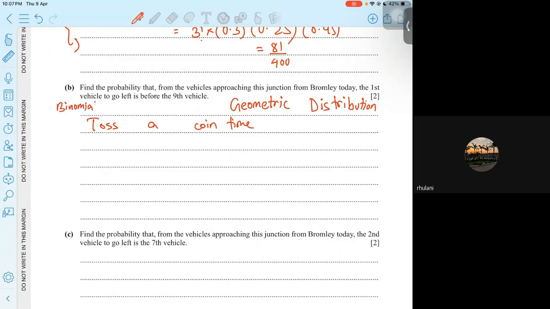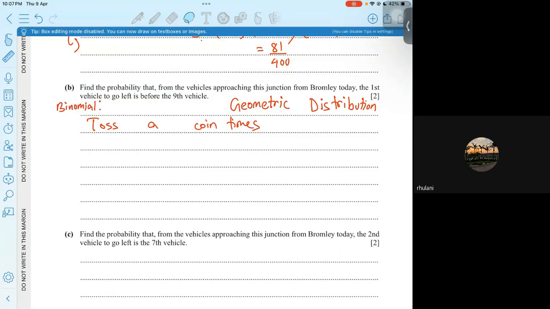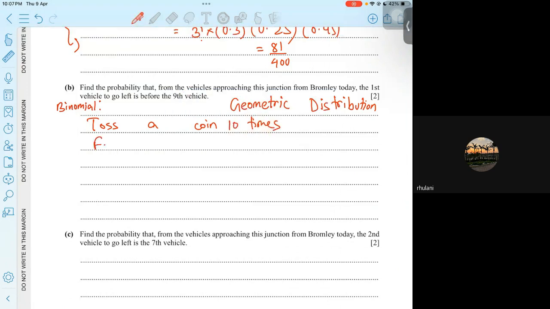Find the probability of 7 heads and 3 tails. Actually, just 1. Yeah. So this is what binomial asks you. Binomial gives you a scenario and they give you a specific probability to find of a particular event happening.